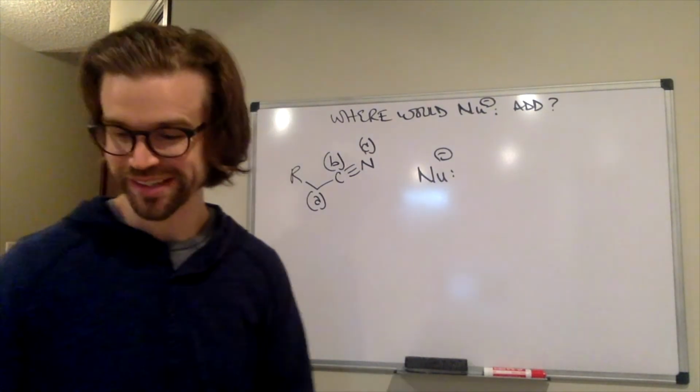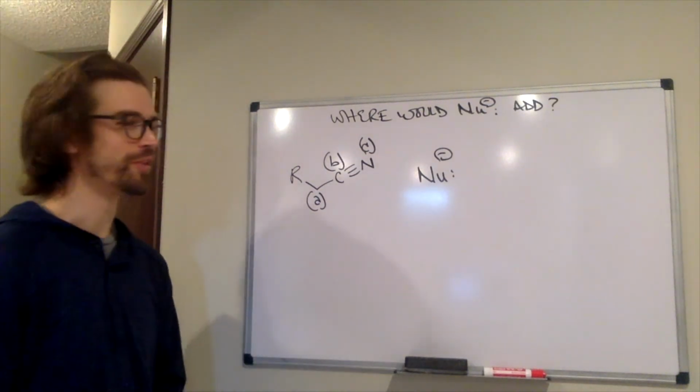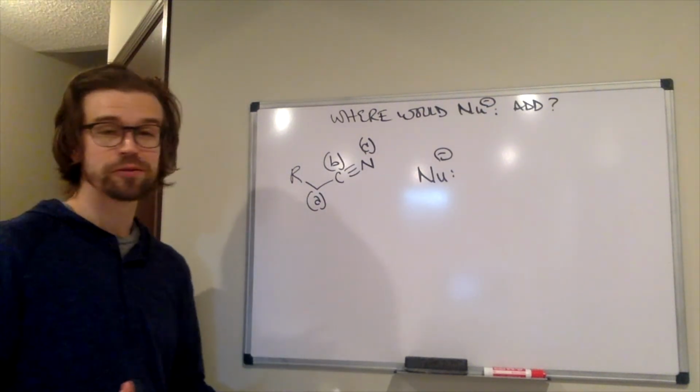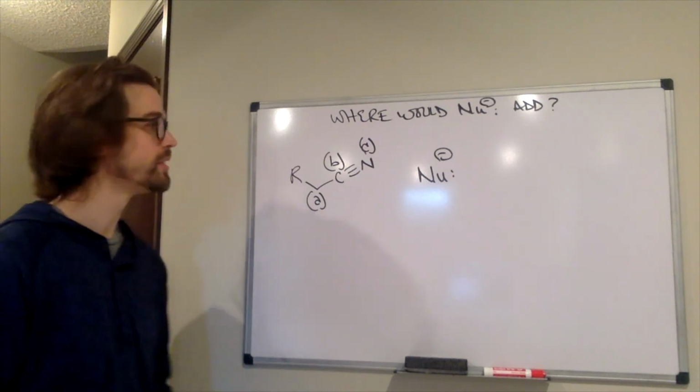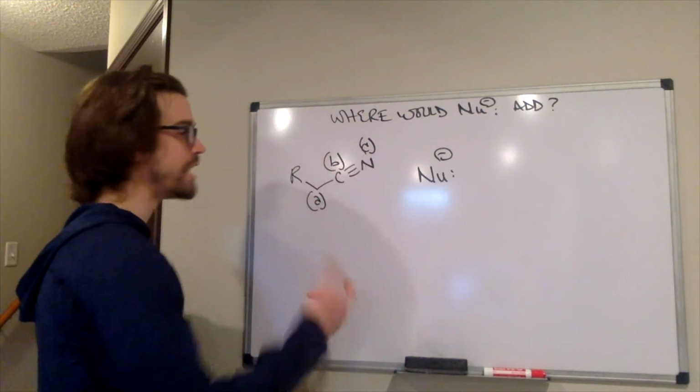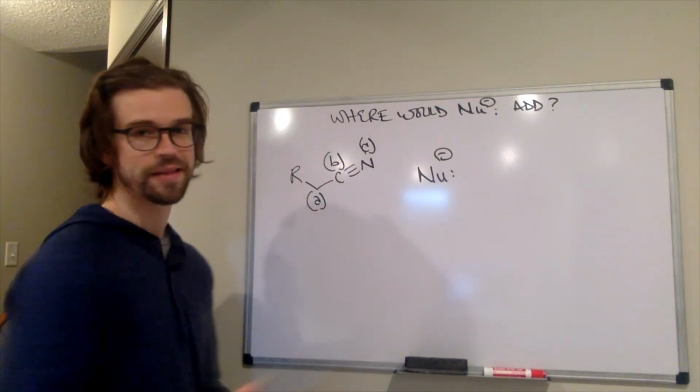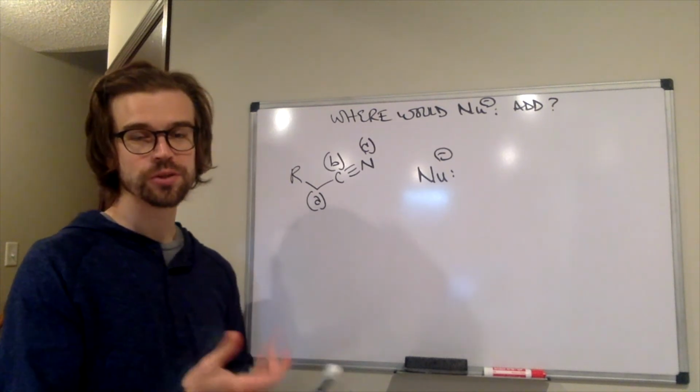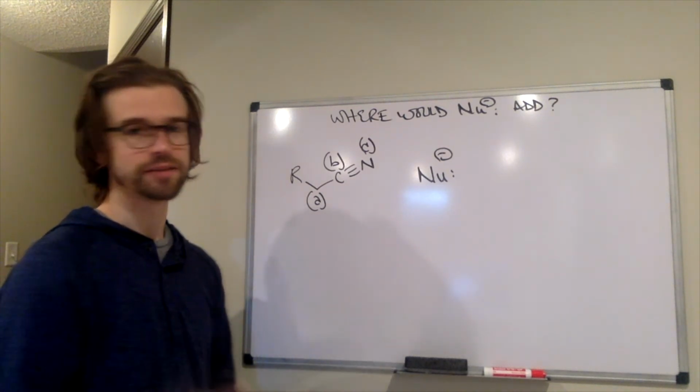Good job. You paused it, you figured out where the nucleophile added. So nucleophiles add to partial positives. The most electronegative atom is the nitrogen. So we could say that it's likely the atom attached directly to the nitrogen that would have the biggest partial positive.